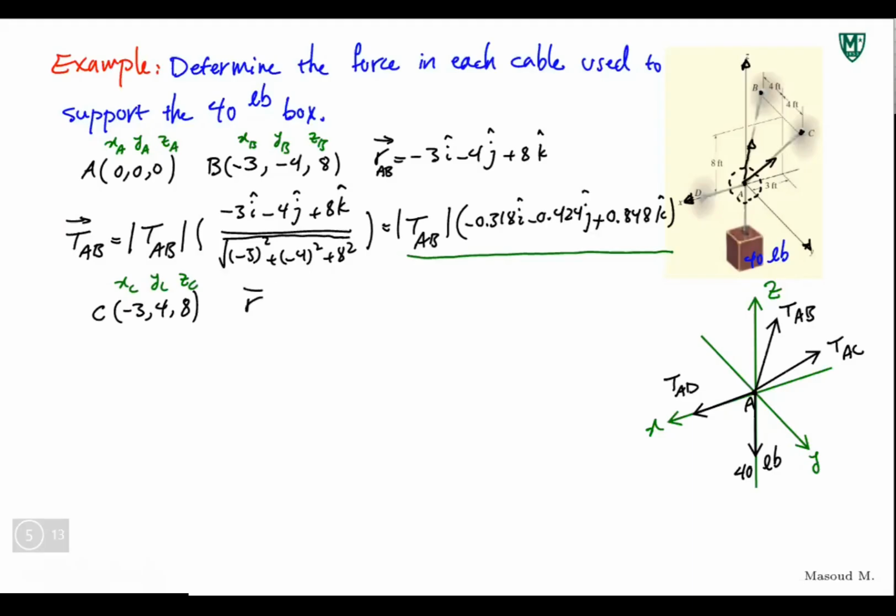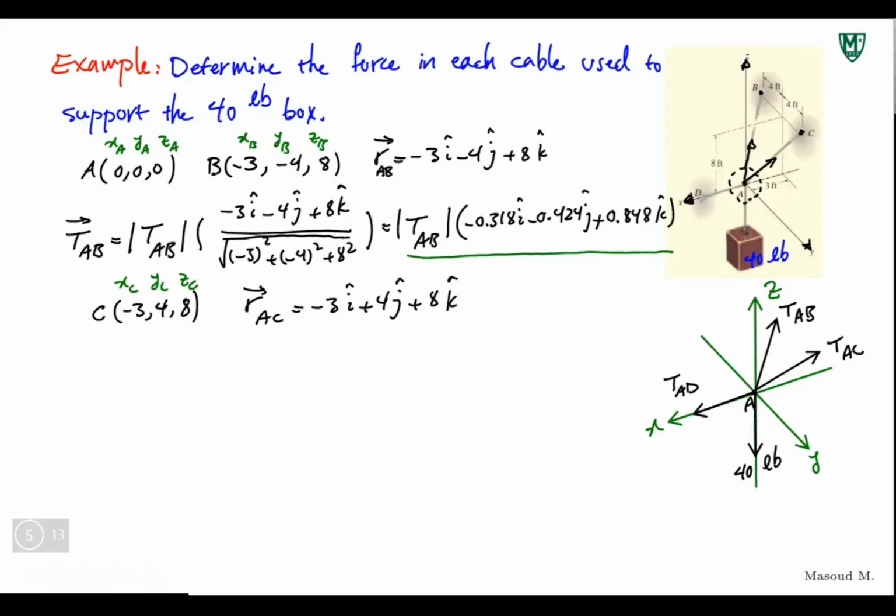So the vector RAC would be the X of C minus the X of A. We're going from A to C, so corresponding components should be subtracted. XC minus XA would be minus 3i. YC minus YA would be plus 4j. And 8 minus 0 is plus 8k. Now this is the vector R passing through points A and C.